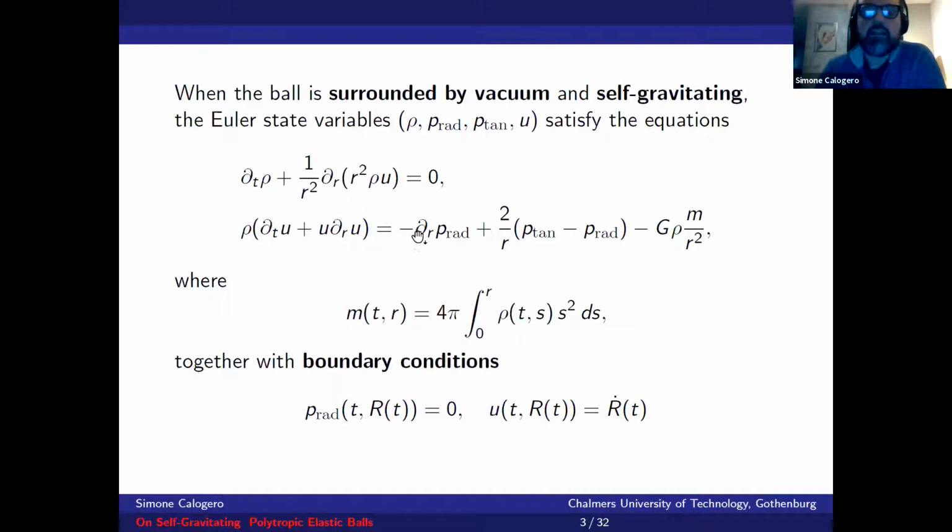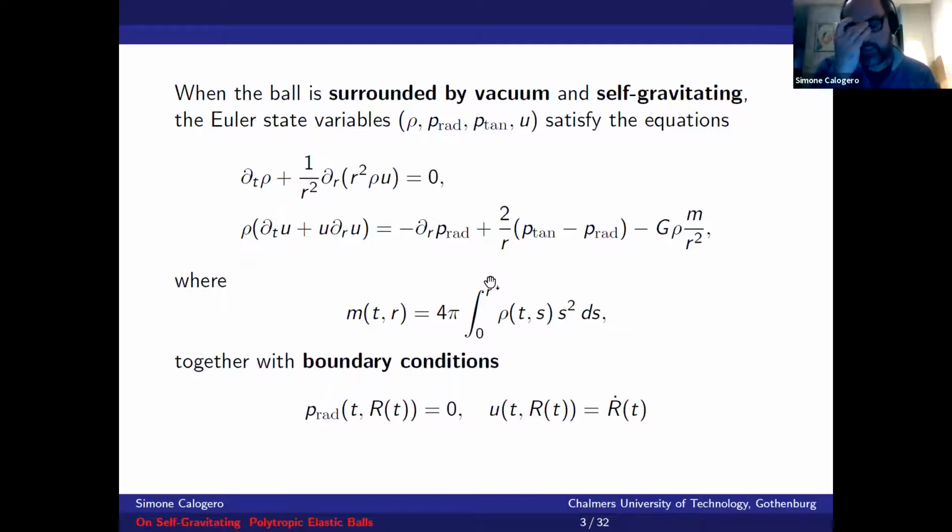The first term is due to the internal strain in the body, while this second force is just the gravitational force self-induced by the body on itself. And this small r is, as usual, the local mass. So it's the mass of the body in a sphere of radius small r.